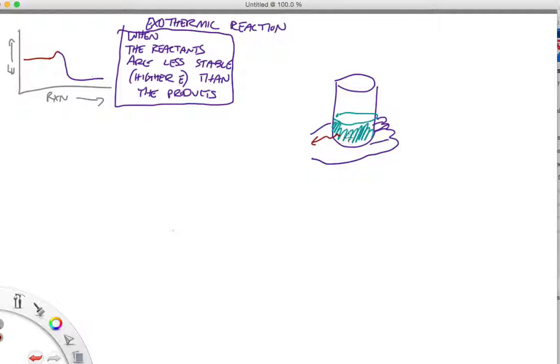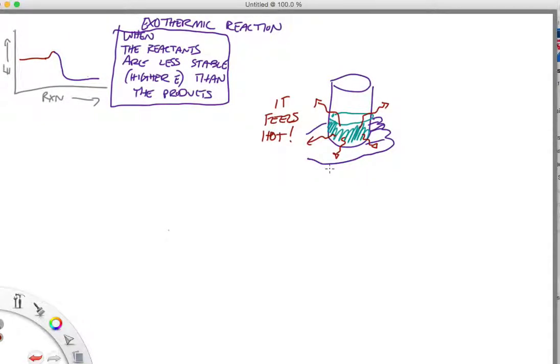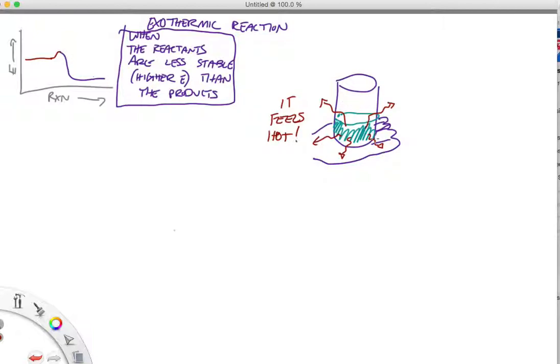So what does it feel like to you? It's not just exiting there, it's exiting to the air around it too. It feels hot. So to you, if it feels hot, it means that it's giving off energy to the reaction surroundings. So this is an exothermic reaction if it feels hot, endothermic if it feels cool.